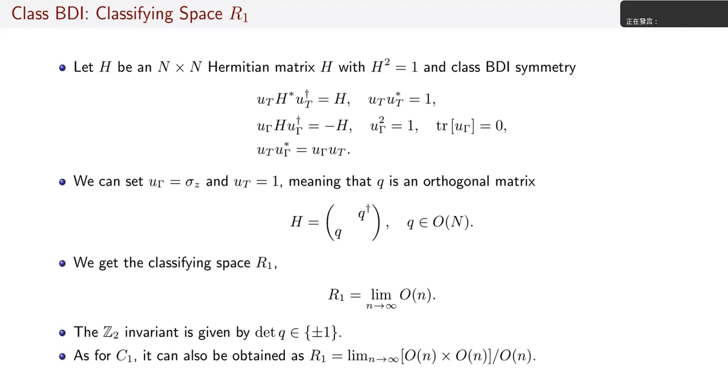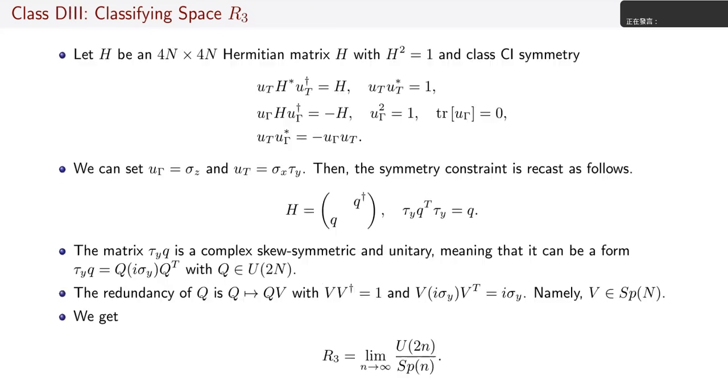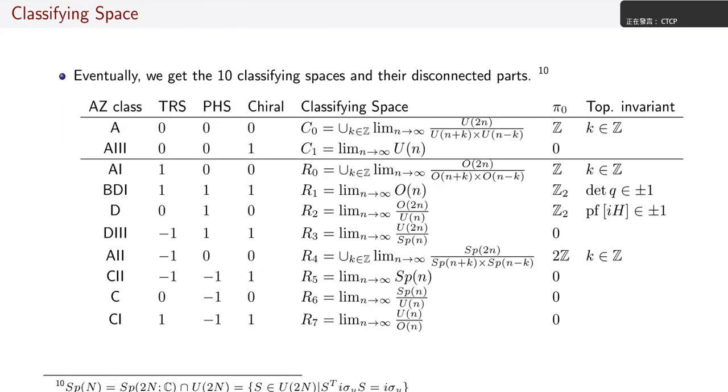You can see you can derive the classifying spaces, essentially the orthogonal group, and for class D you get this classifying space, the orthogonal group quotient by the unitary group. If you are interested in the whole proof, you can check the slide. So I skip.